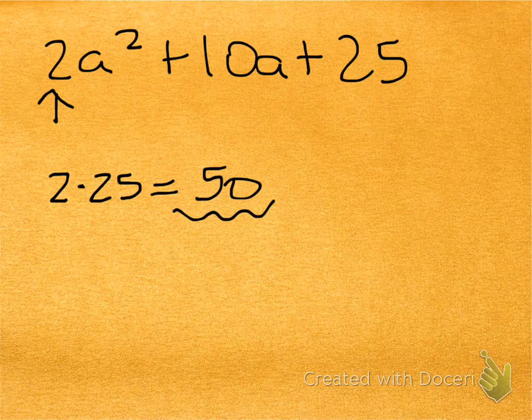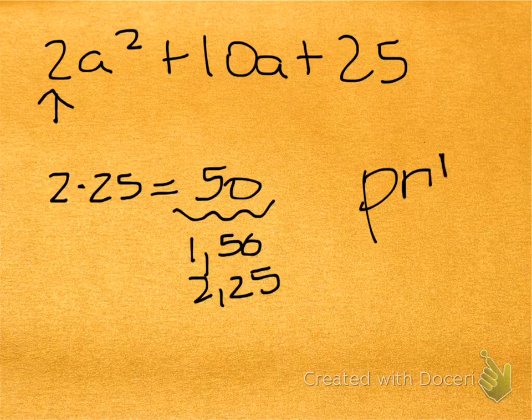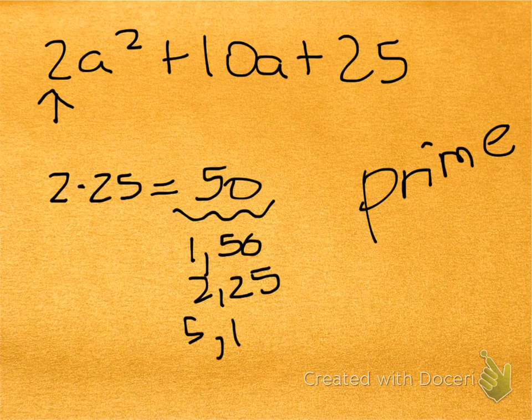And then we're going to end up factoring by grouping here, but we need to get factors of 50 that add up together to get 10. So if you think about it, there's actually no factors of 50 that add up to be 10. So this would actually be considered prime or unable to be factored. So we just put prime as our answer.